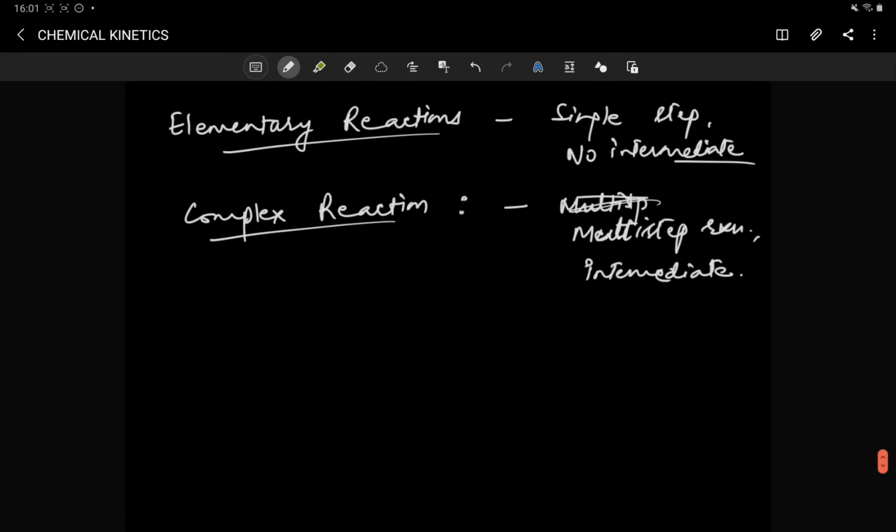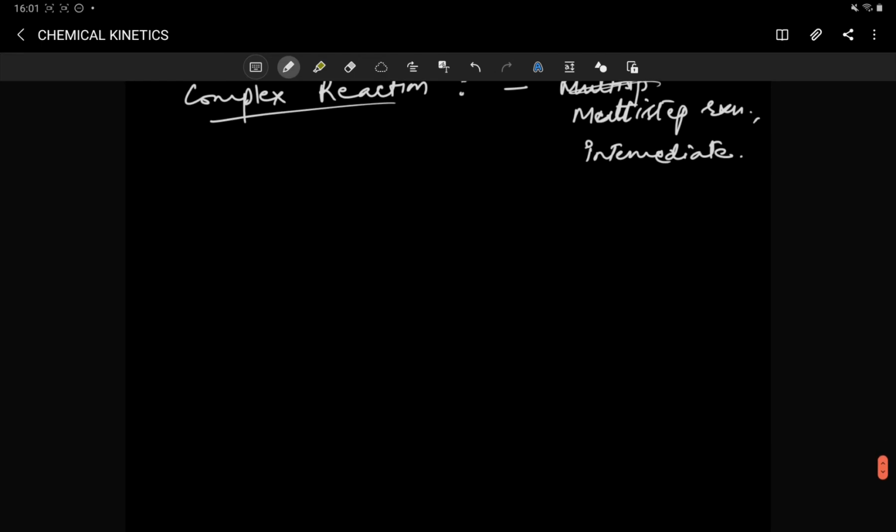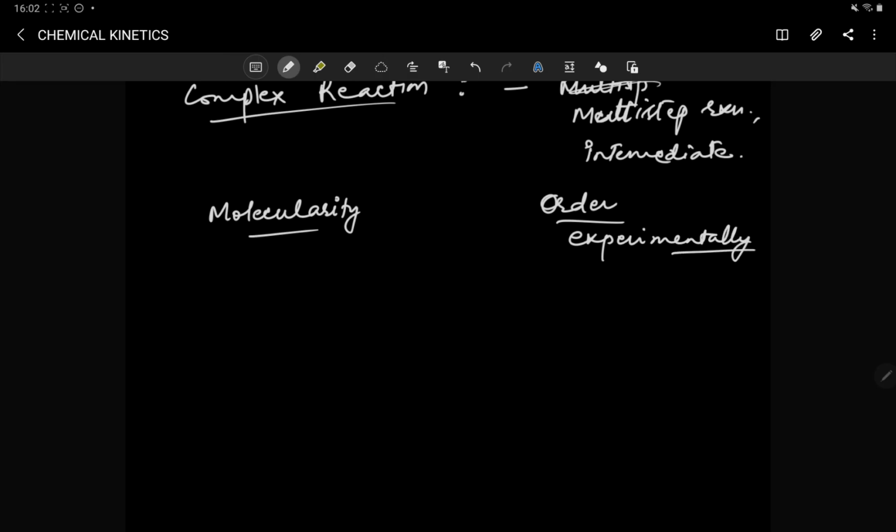Now how to differentiate between molecularity and order of reaction? What is the difference? As we discussed here, molecularity can be determined simply by looking at the equation. We can tell it theoretically also, while order can be determined only experimentally, there is no other way.